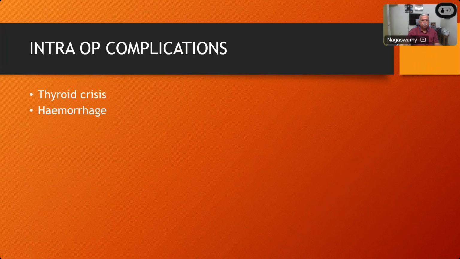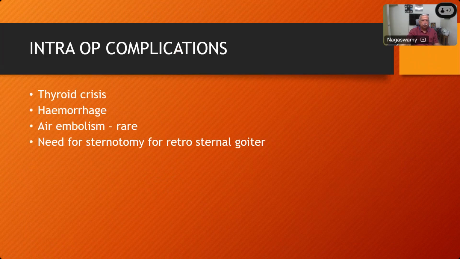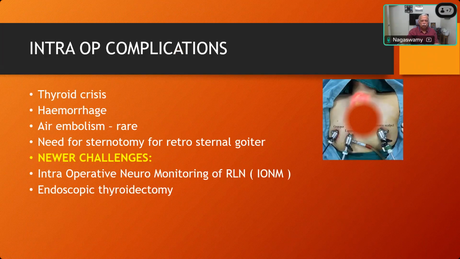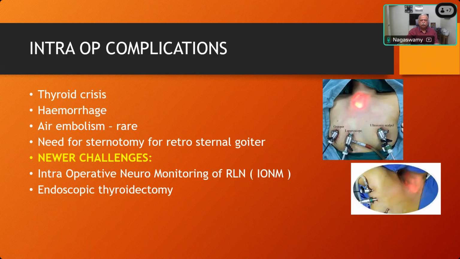And intraoperative complications: thyroid crisis, hemorrhage, air embolism, need for sternotomy in retrosternal goiter, and the newer challenges, intraoperative neuromonitoring. It is recurrent laryngeal nerve monitoring. Endoscopic thyroidectomies are also now coming into practice to avoid ugly scars on the neck, especially for people in the film industry.